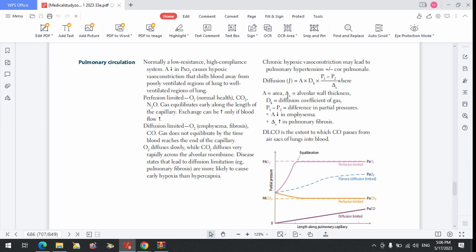So if we increase the area of the diffusing membrane, diffusion increases. If we increase the pressure gradient, diffusion increases. If we increase the thickness of the diffusing membrane, which is the alveoli wall, diffusion reduces. Do we get that? So the only thing that will reduce diffusion, which makes sense, is thickness.